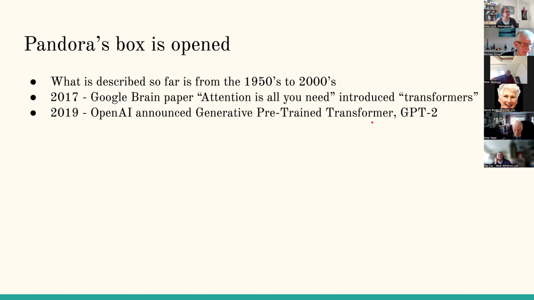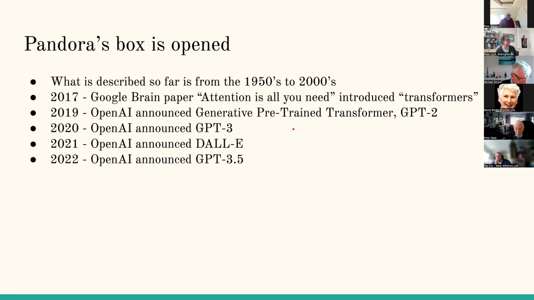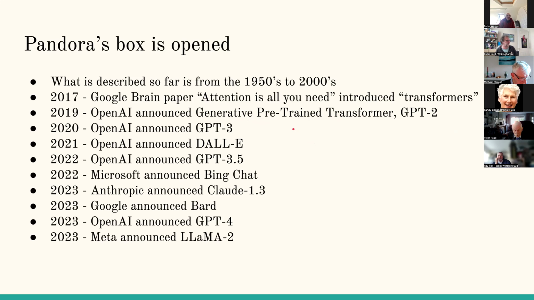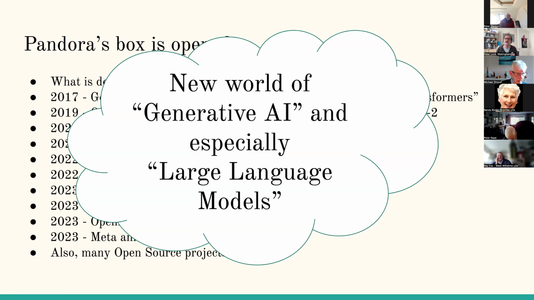GPT, Generative Pre-trained Transformer. And of course, the floodgates were open. Everyone under the sun seemed to announce their own generative AI solution based on these transformer layers that Google invented. So now we're in this whole new world of generative AI.